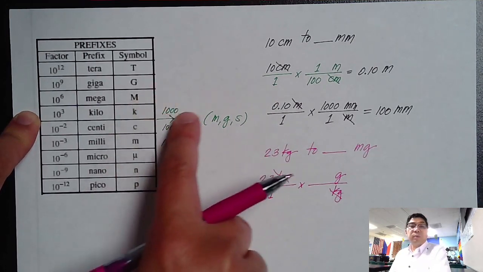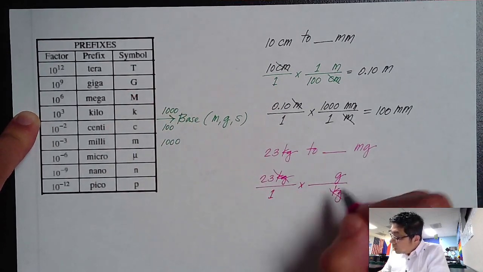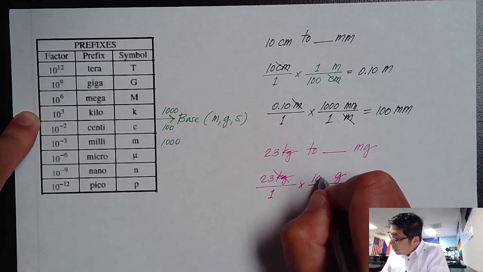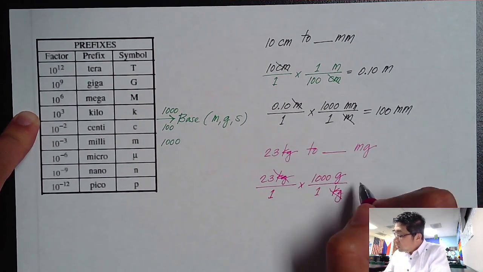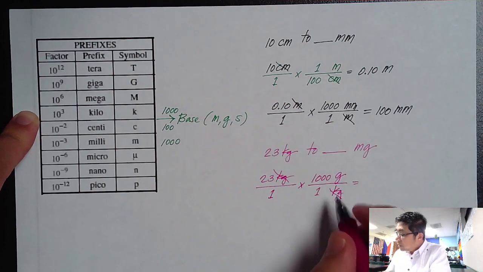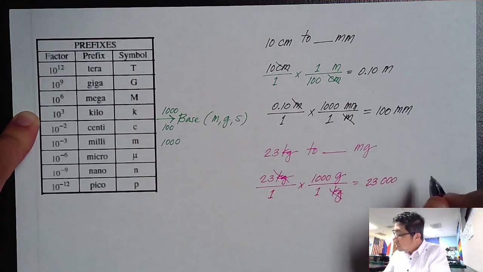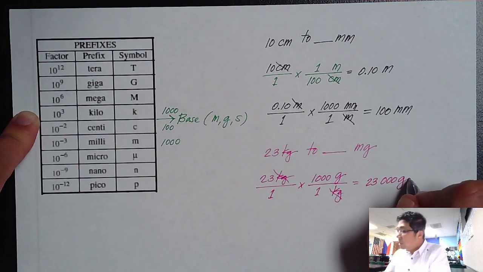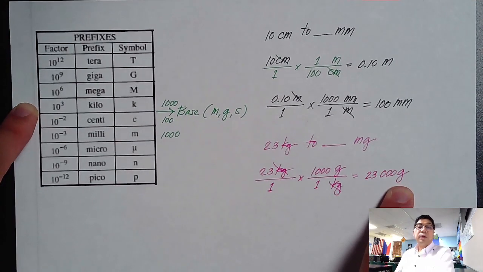So we're starting with a huge unit, going to the smaller one, so we have to multiply 1,000 to 23. Therefore, it will give us an answer that is equivalent to 23,000 grams.